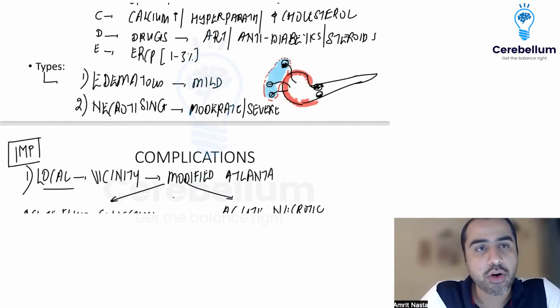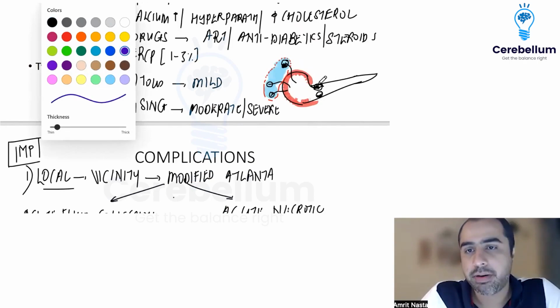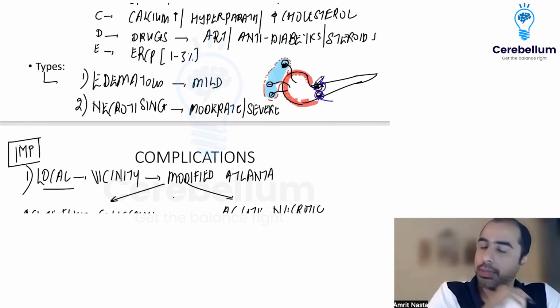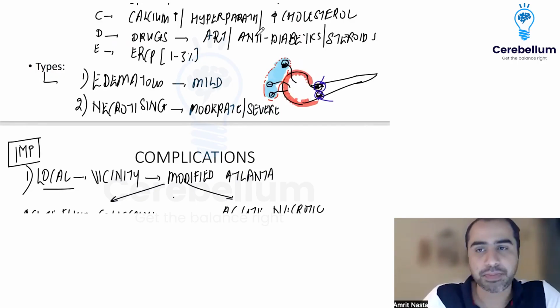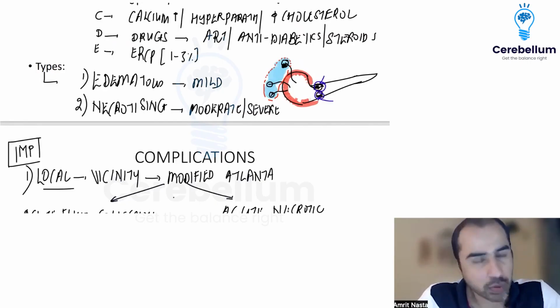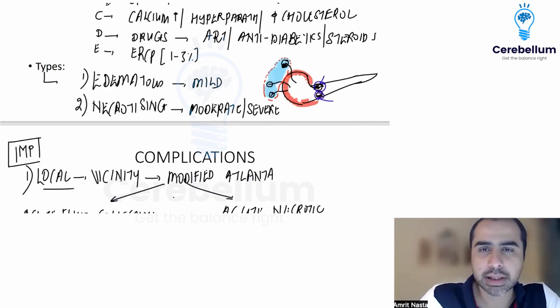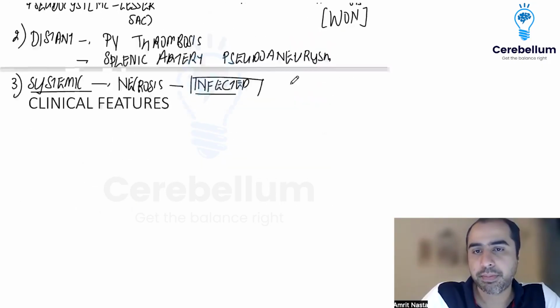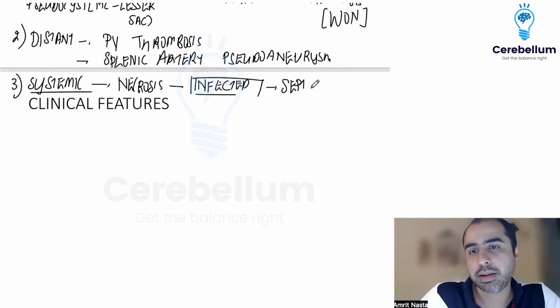And let's say your E. coli, your favorite friend, got and sat over here and started forming pus. And you got an infected necrosis. What will happen then to the patient? What will it lead to? Abscess. It's not called abscess anymore, but yeah, it will lead to septicemia. And this is what will kill the patient, septicemia.